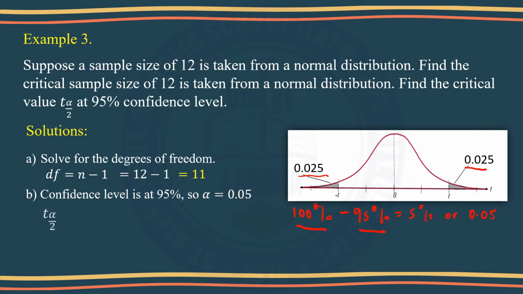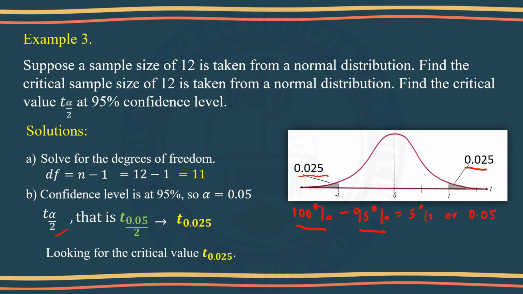If we are going to substitute the value of alpha in this notation, that is t sub 0.05 divided by 2, then it is equal to t sub 0.025. And we are not yet done because we have to look for the critical value of t sub 0.025.